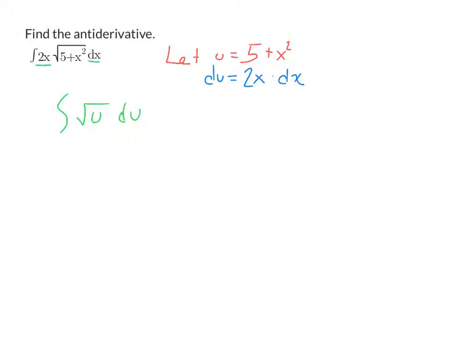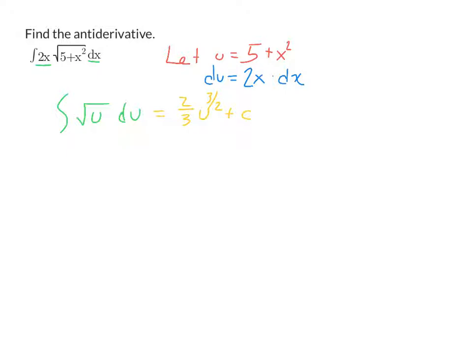Now we know how to integrate this. I know that the integral of the square root of u will be 2/3 times u to the 3/2. If I took 3/2 times 2/3, it would become 1, and I decrease my exponent by 1 back to 1/2, and then the plus c at the back end.